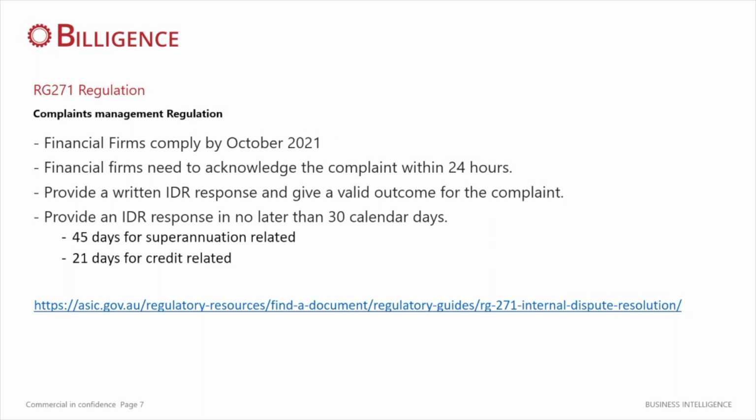The regulation is called RG271. This is a regulation that was published on the 30th of July 2020. It explains how internal dispute resolutions, IDR, should be managed in financial firms. I am only going to go through this regulation very briefly.